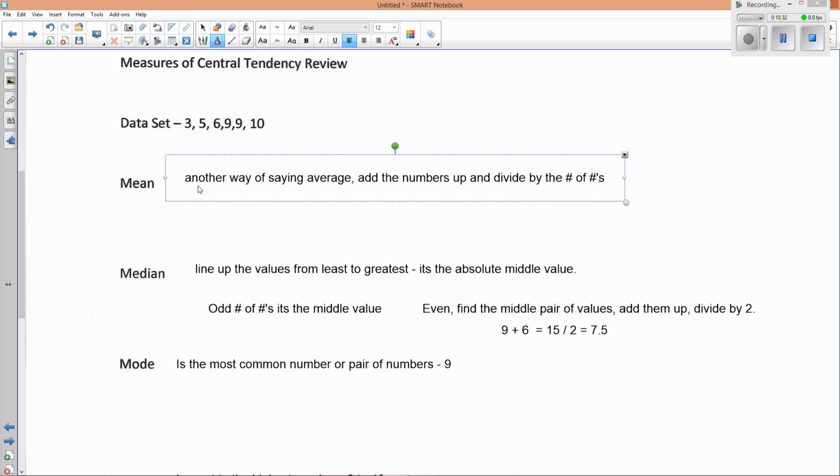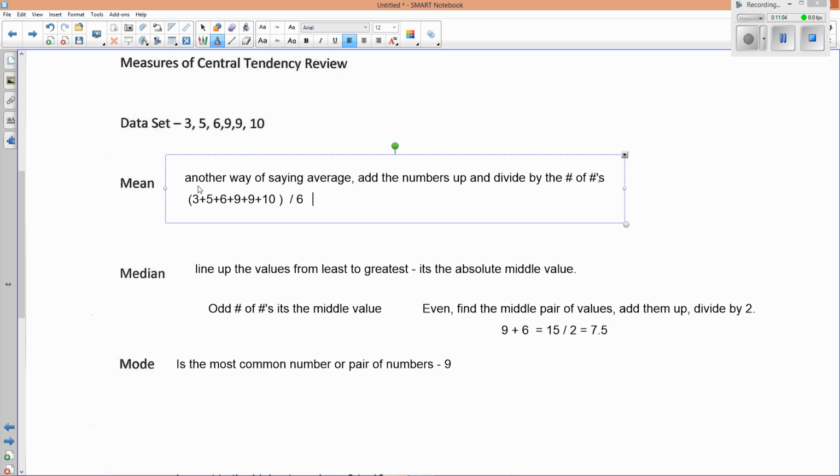So in this case, we would add 3 plus 5 plus 6 plus 9 plus 9 plus 10, and we'd have this all over 6. Because I'm using a computer, it would look like this with brackets, so we follow BEDMAS and do that first, and then we divide by 6.